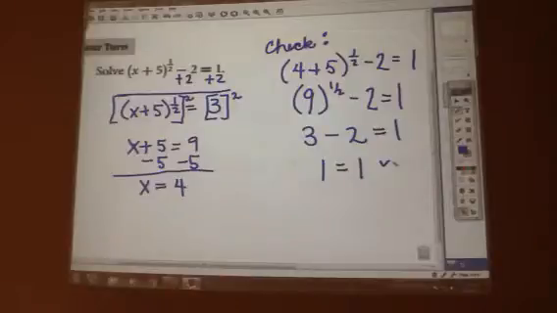Checked out. So our answer of 4, x equals 4 is correct. Any questions on that?